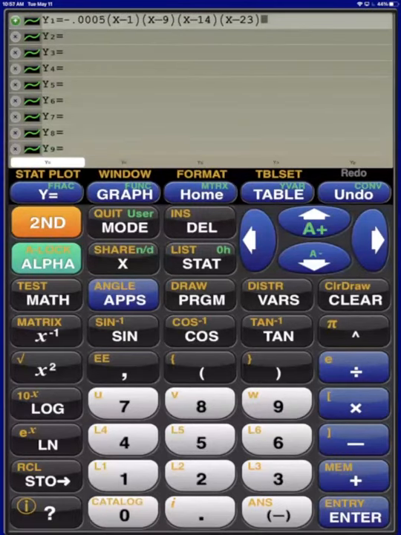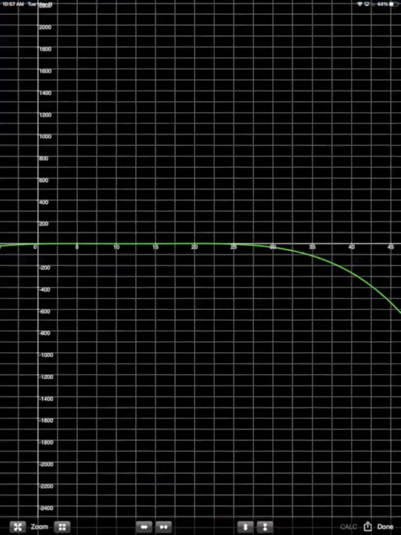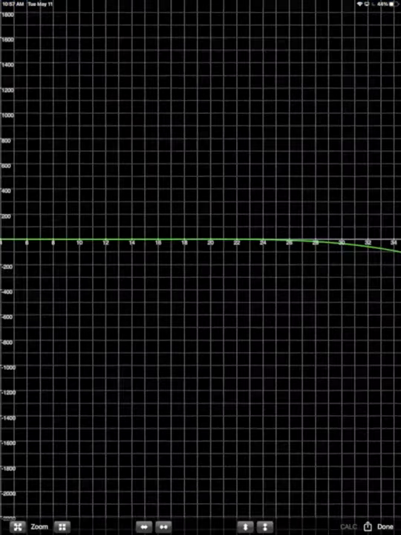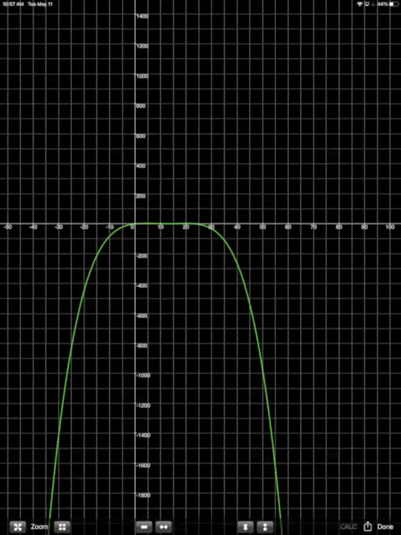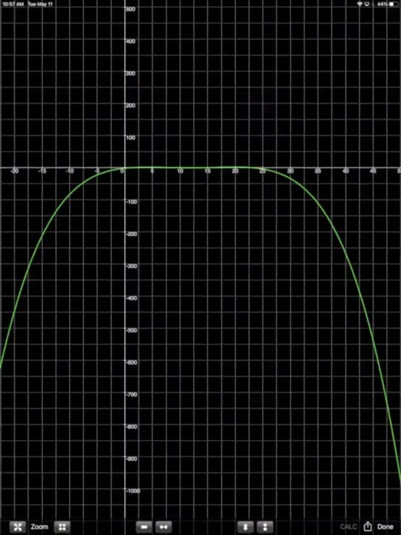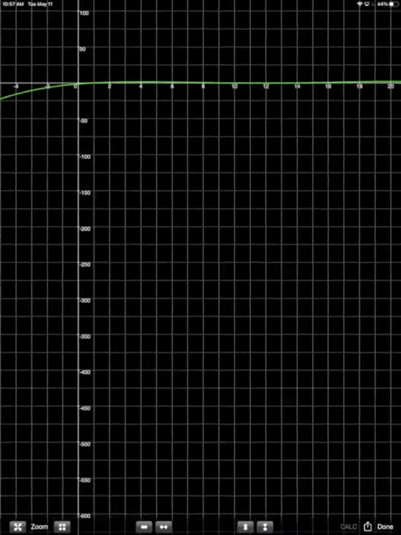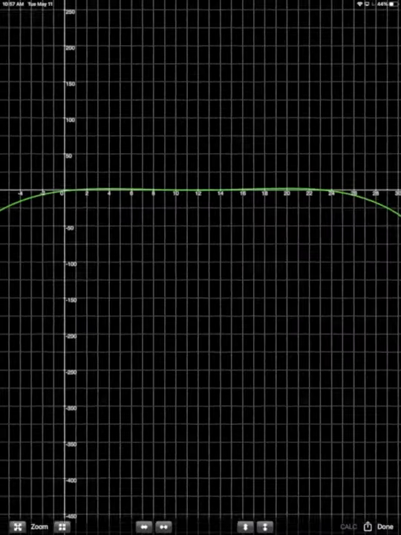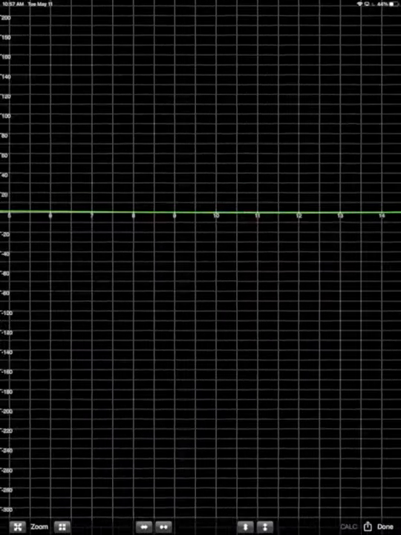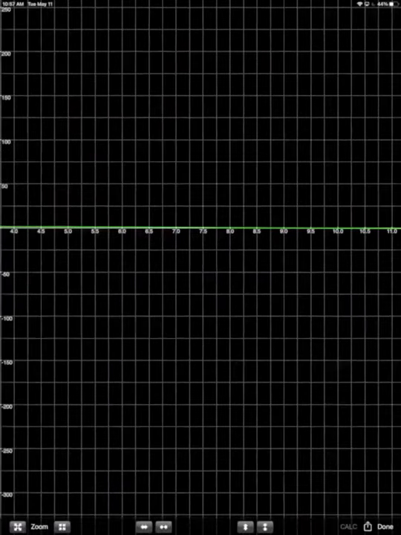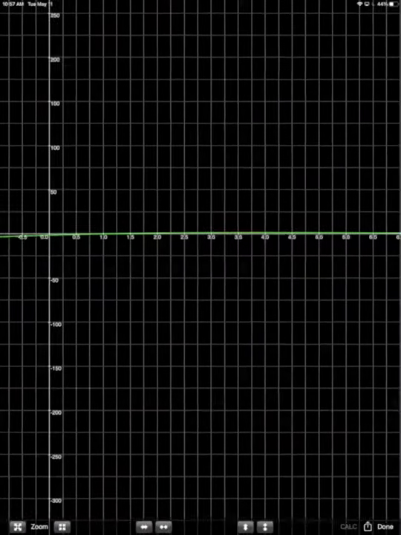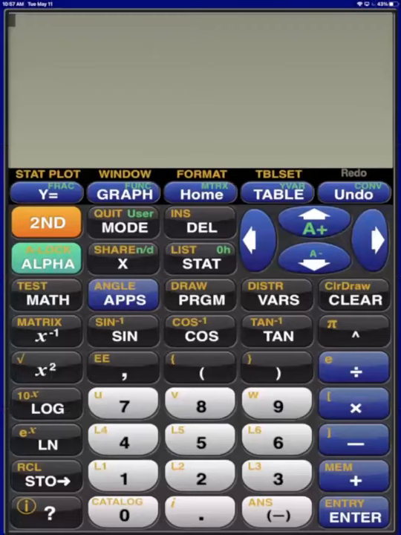Okay, this should be that. This should be close. So let's see what this is. We graph this, and it looks, whoa. Let me adjust the window. And that is not looking like I want. One second, let's check this.